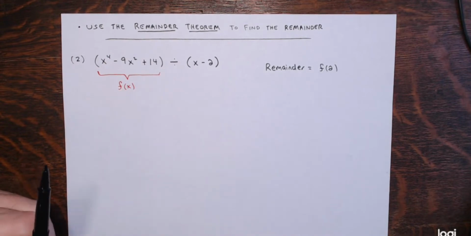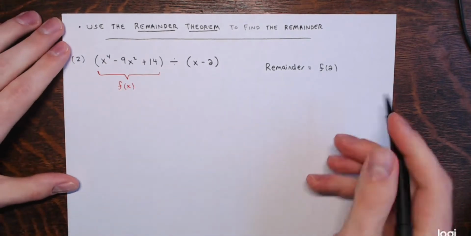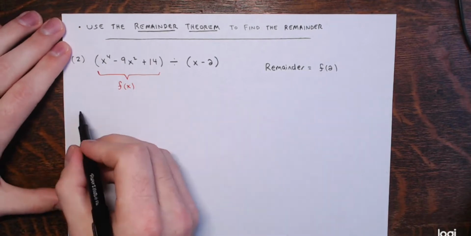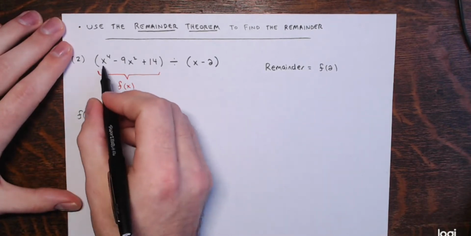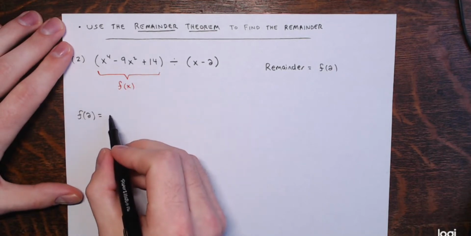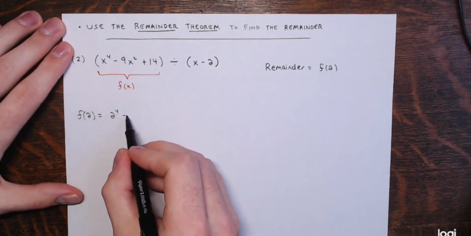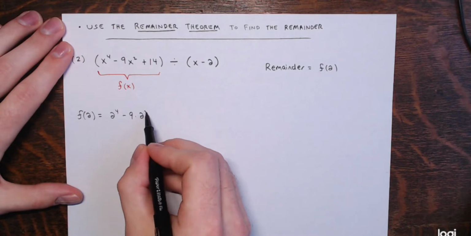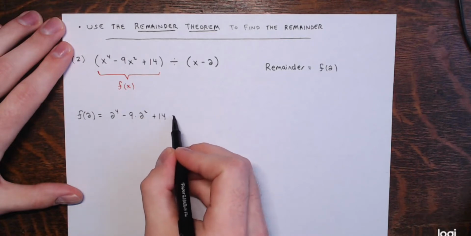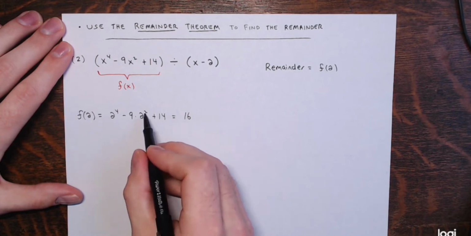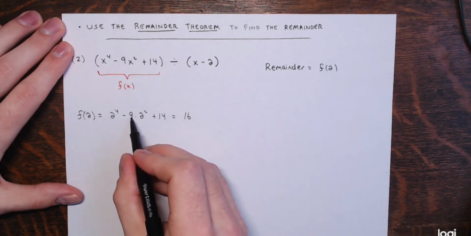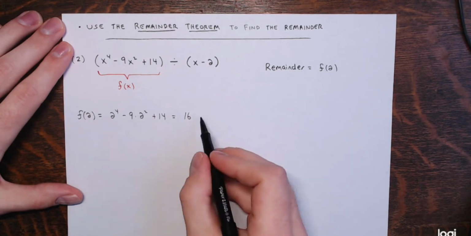Well, let's do this. Let's do it both ways again. Let's see what f of 2 is. So I plug 2 into this numerator polynomial. The dividend is 2 to the 4th minus 9 times 2 squared plus 14. 2 to the 4th is 16. 2 squared is 4. 9 times 4 is 36, so I got minus 36.